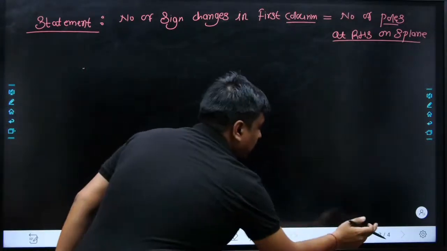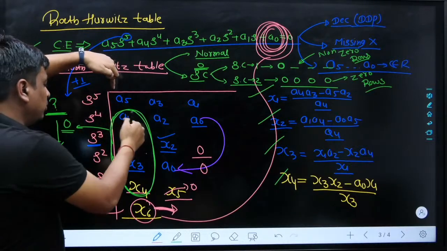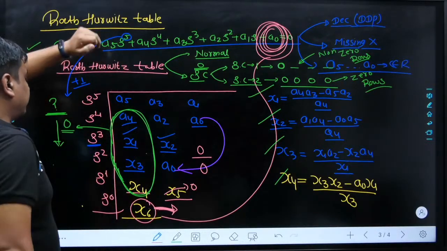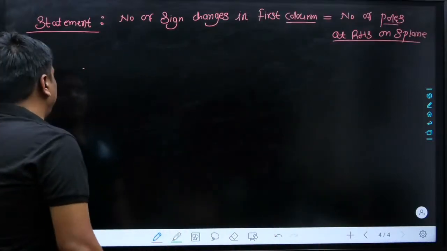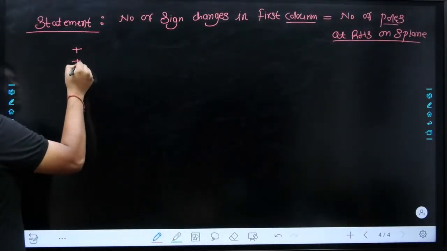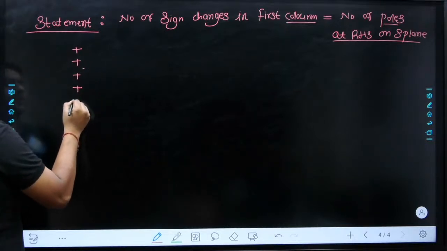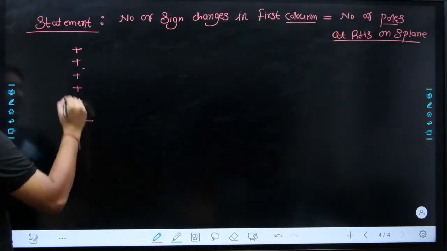Anyways, let me go back. Here I wanted to say how many data you had. 1, 2, 3, 4, 5, 6. 6 data you have. So how many ways could those data be? Because I am just focusing on the first column. You can have the situation where all of the 6 data are positive.